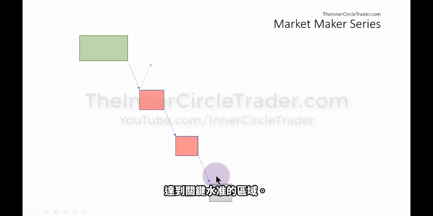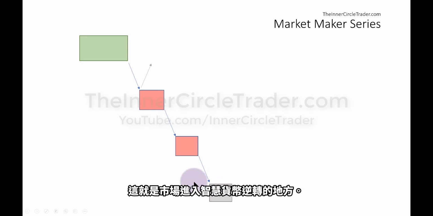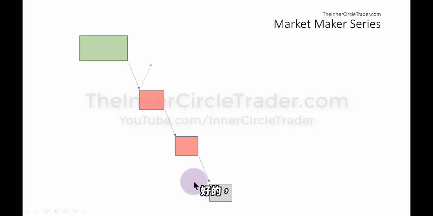This is where the market goes into smart money reversal. Okay, usually it will form the same way it is outlined in the price swing, where it'll create a low, a lower low, and then look for a breaker, or it goes low, higher low.